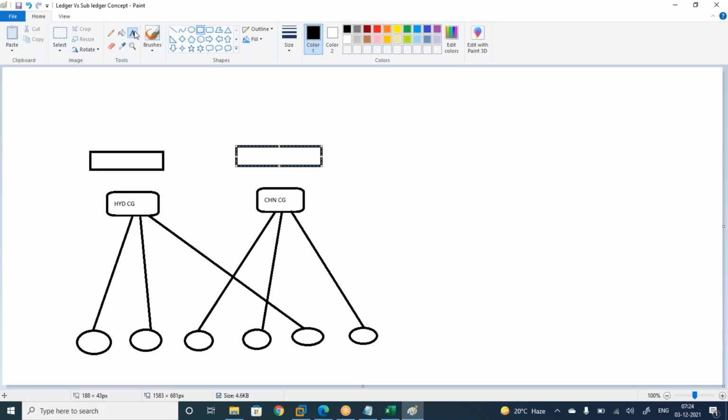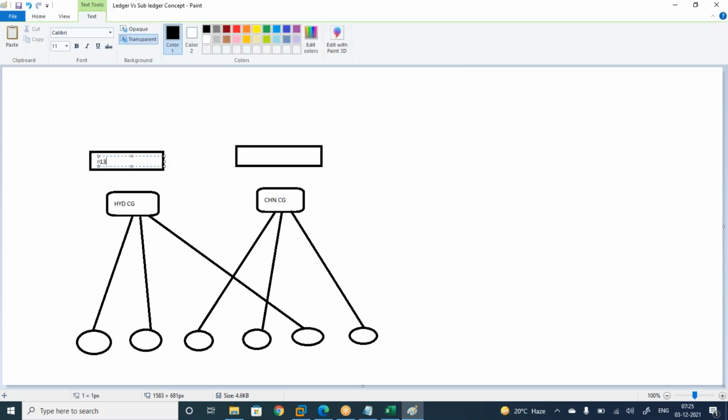I will create one ledger account here, 130100, Hyderabad customers, that is Accounts receivable Hyderabad.